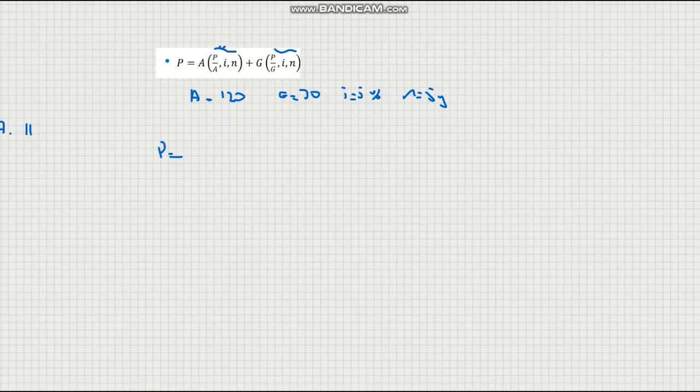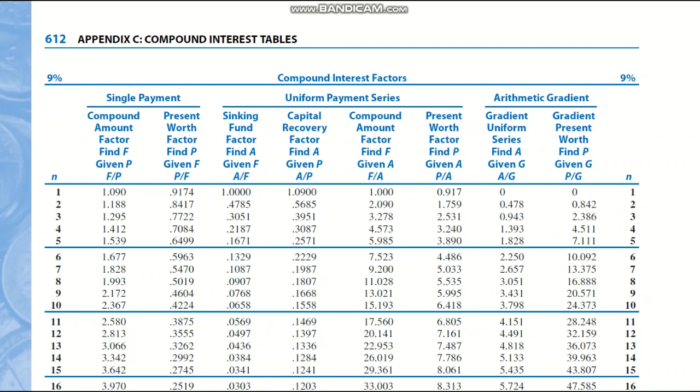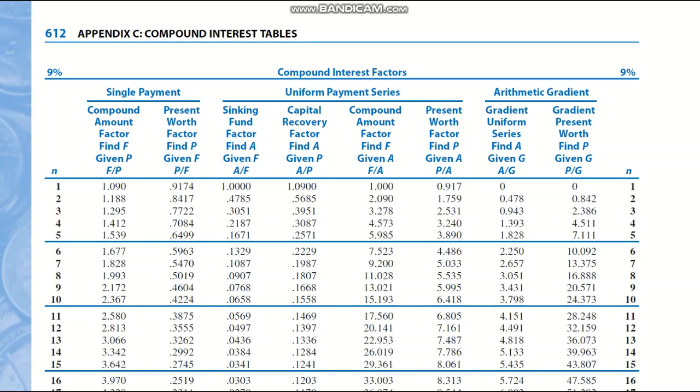Let's go back again to our textbook, where I need to look at P over A and P over G, right? These two values. But which year? 5 years. But which percentage? 5.